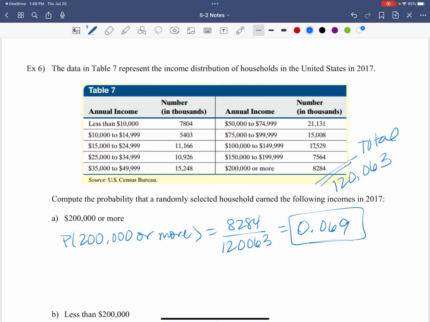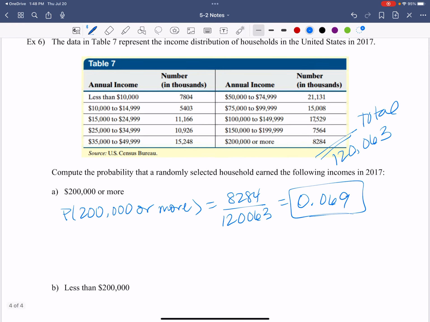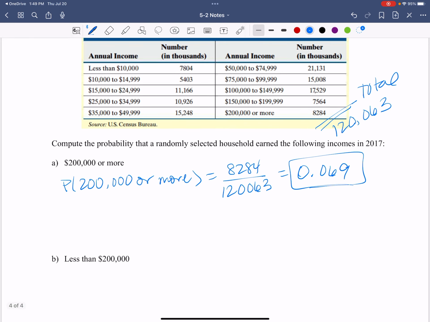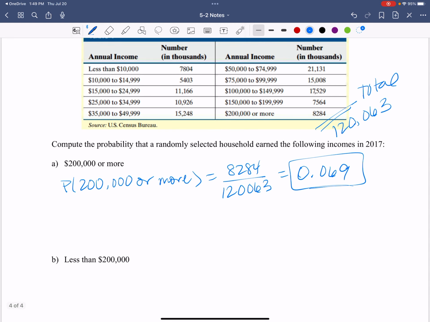Okay. Now, scoot this up. I still want to see that chart in there, but I want to see this next one. Now, what does this mean? Less than 200,000. So on the previous problems, when we were looking at this, we did less than 200,000. That would be every single one of these. I'm not going to try to do that.